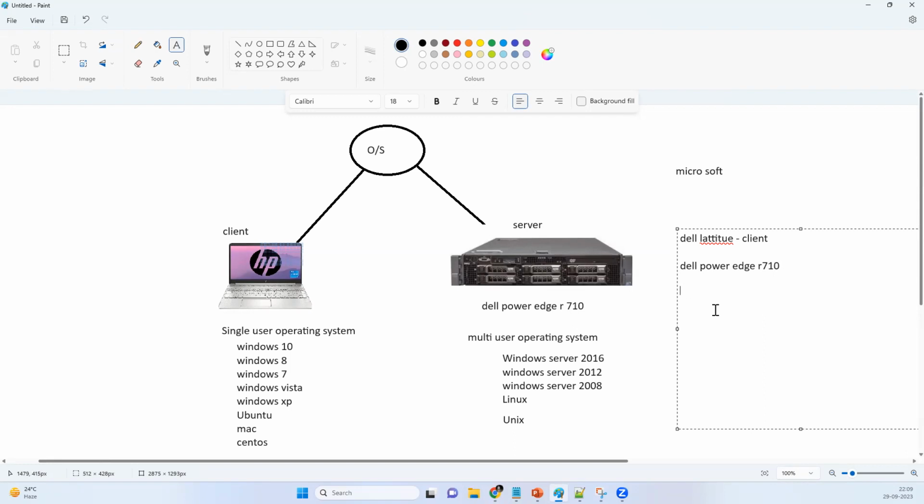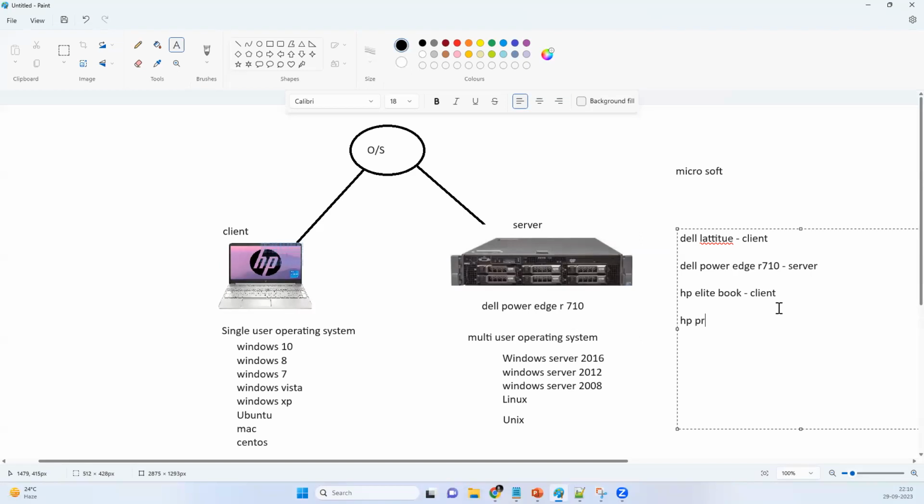The same way HP created HP ProLiant for the server purpose, and HP EliteBook for the client purpose. I will tell you why server hardware is big.